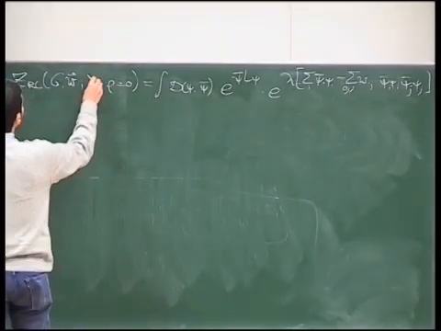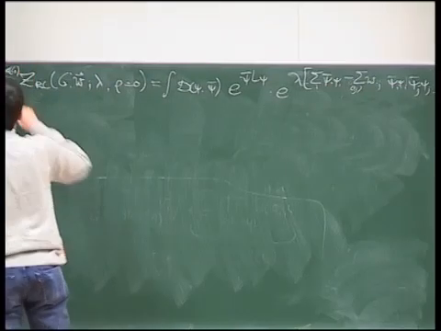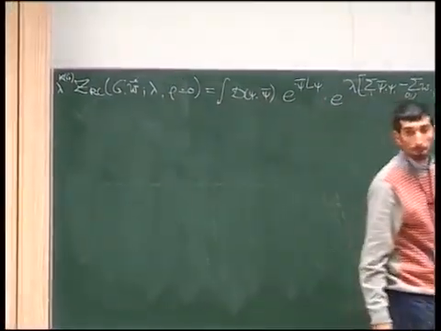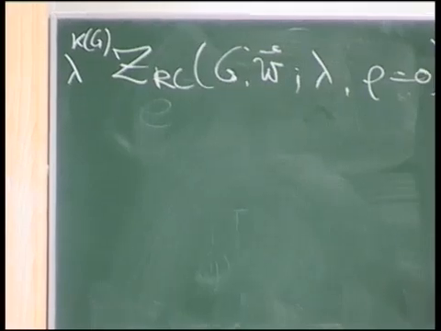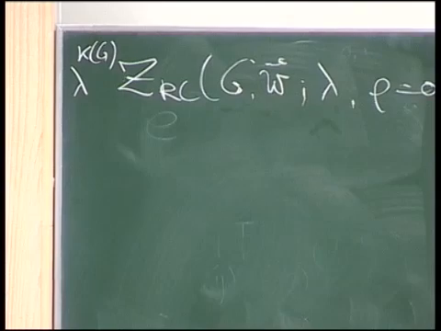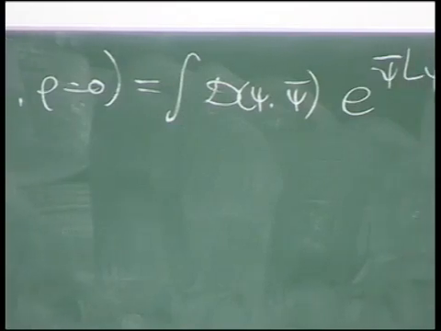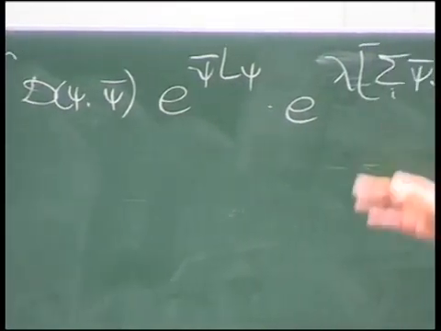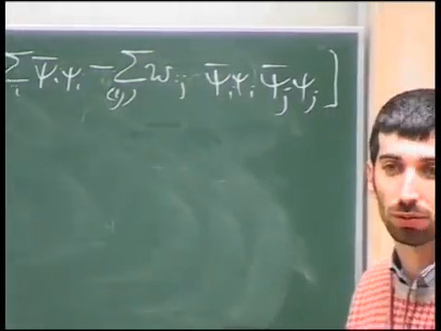This is doing lambda to the k of g times this one. But as you see, just doing the derivation, you can update this from here. I'm sorry, this is making confusion, but I didn't find any way to avoid this confusion.